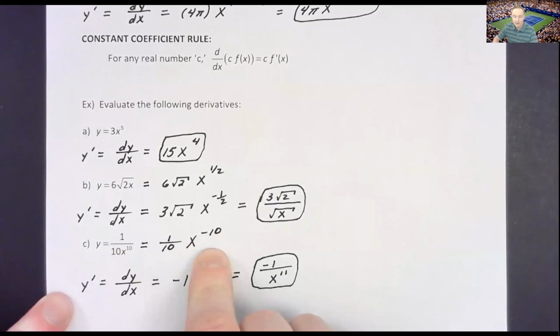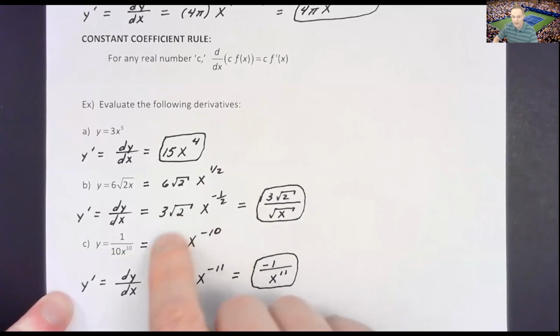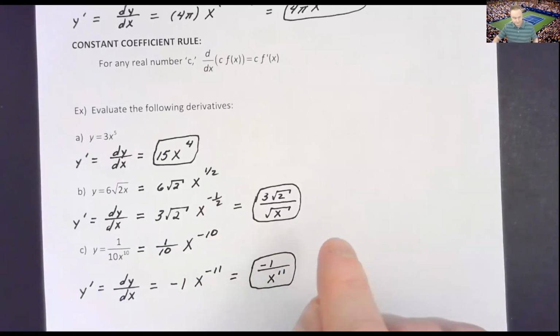I had to rewrite it this way in order to take the derivative, because the derivative now enables me to bring that exponent down in front and multiply. I would get 1 over 10 times negative 10, that gives me negative 1, and then drop the power, x to the negative 11. And then you could simplify that and say, well, this is just negative 1 over x to the positive 11th for your final answer.